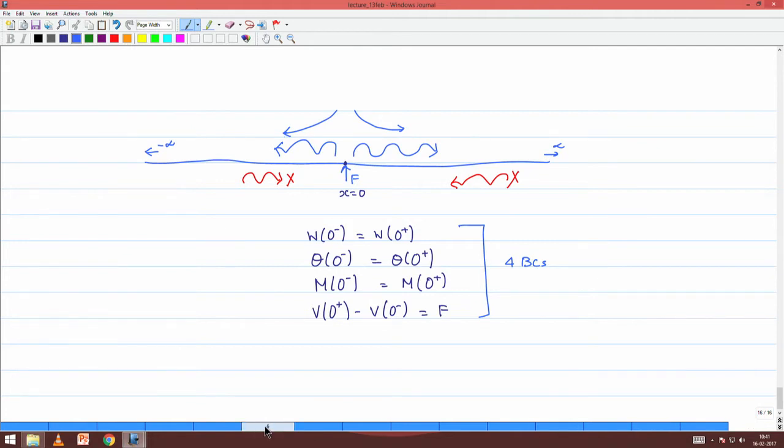So, totally we have 4 waves, and all these 4 waves will combine in the right proportion such that all these 4 boundary conditions get enforced.